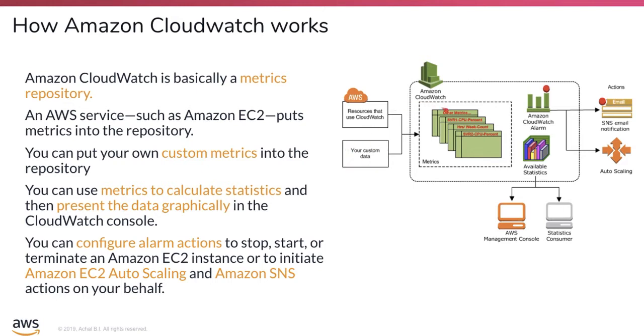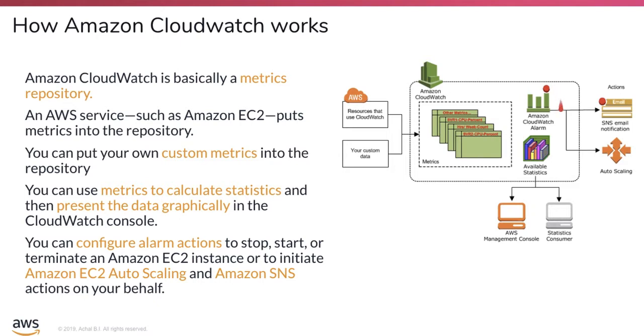They are pushed into CloudWatch metrics, and these metrics can be used to get the statistics out of that, and these statistics are presented as a graphical representation in the console, or a third party statistics consumer can access them through APIs.